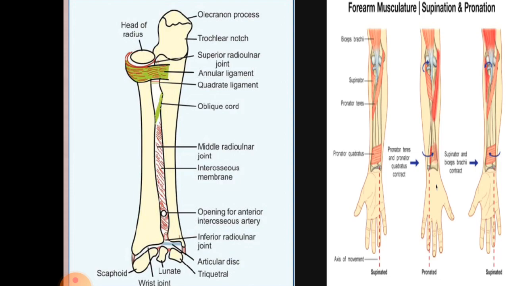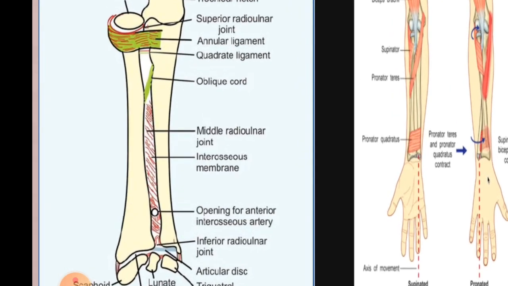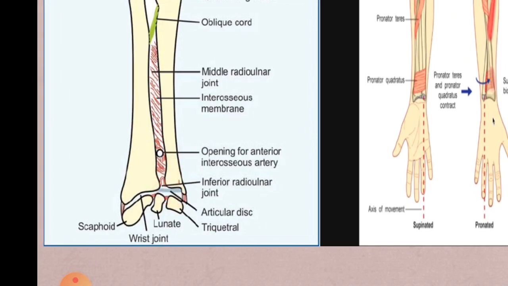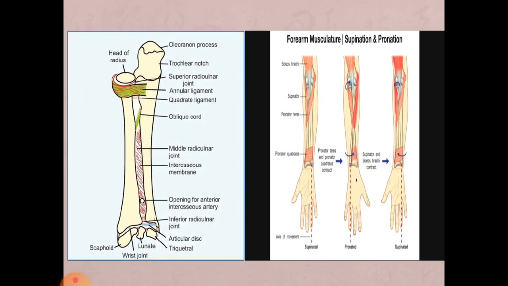And here you can appreciate the distal radioulnar joint. Between the radius and ulna there is the interosseous membrane that provides extra stability to this joint.